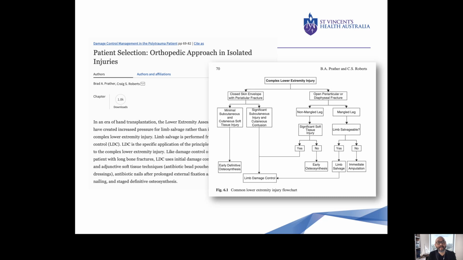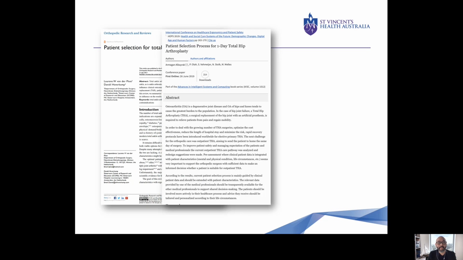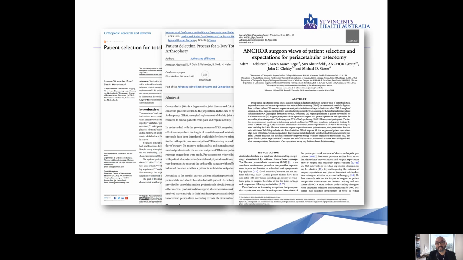This is just a random example in terms of selecting patients who might have isolated injuries, but there are patient selection articles that look at ankle arthroplasty, hip arthroplasty, and all sorts of other procedures as well in orthopedics. Because this is an orthopedic forum, I've looked at different papers looking at patient selection and different procedures in orthopedics, but you guys are the experts. You already know about this.